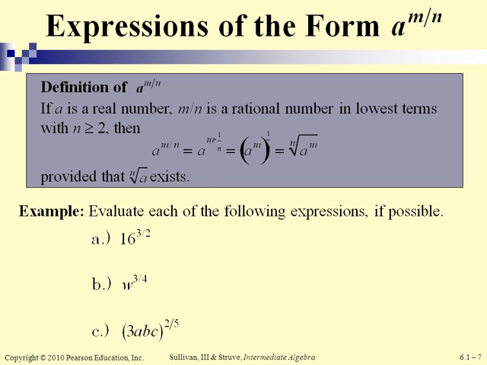This is what we just said. If you have a rational power, rational exponent, then the denominator is your index, and the numerator will be your power. Okay, so now let's do this. Can you do those? Try it.